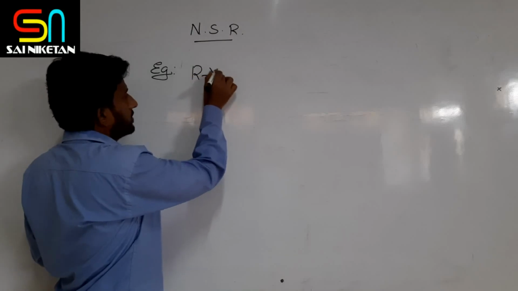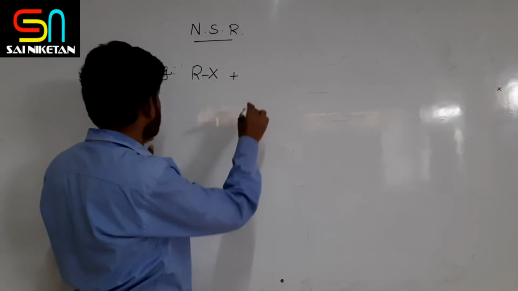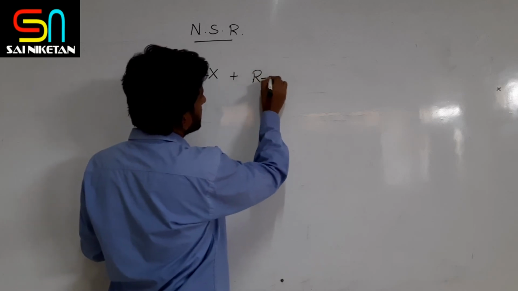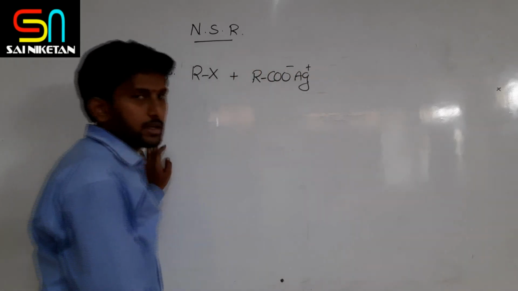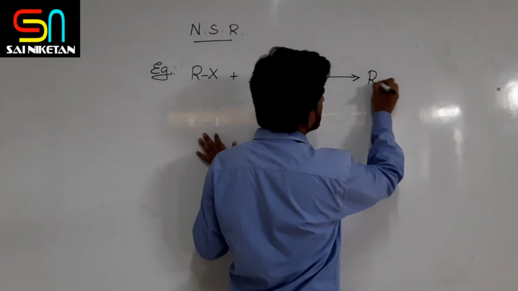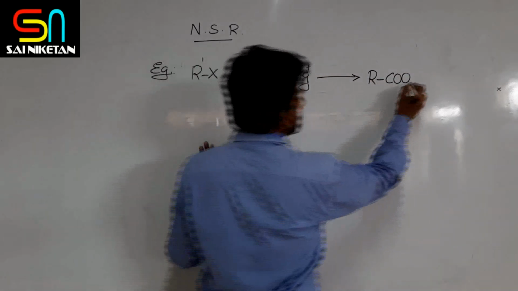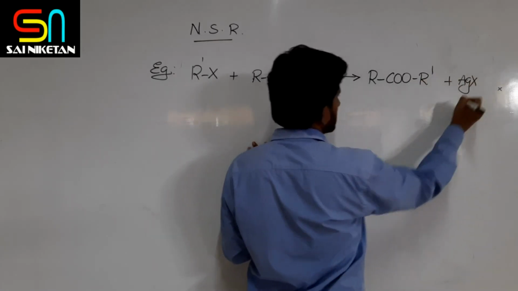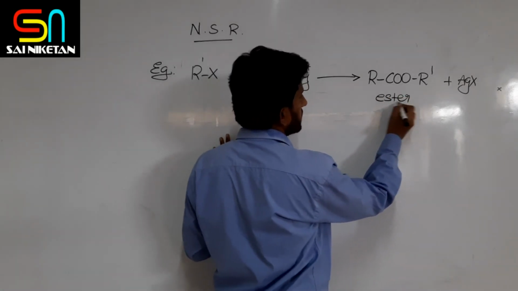An alkyl halide, when it reacts with silver carboxylates, gives rise to RCOOR dash plus AgX. What is this molecule? This molecule is an ester.